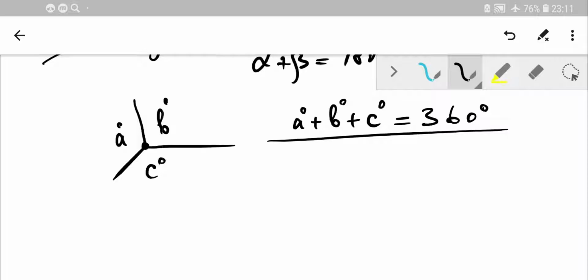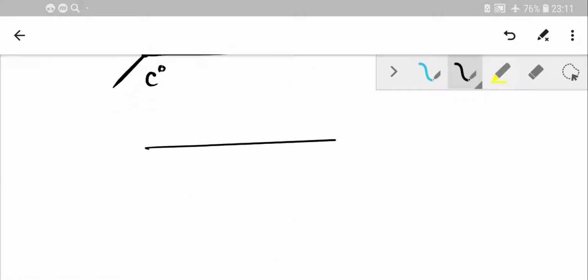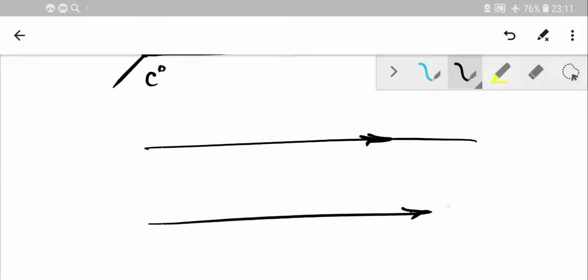Corresponding angles. Let's find out what corresponding angles are. You have probably heard that if you have two lines and they are parallel, that's what those arrows mean. The arrows are not actually vectors, since a vector should have a starting point.